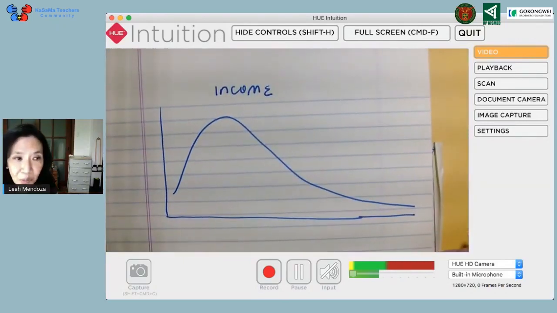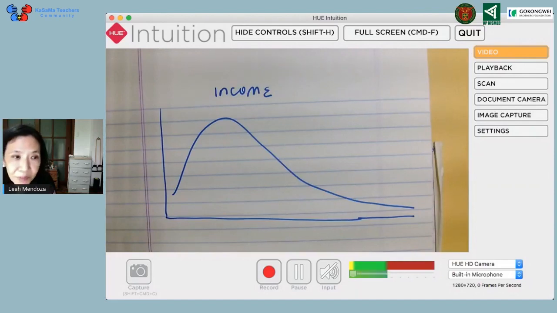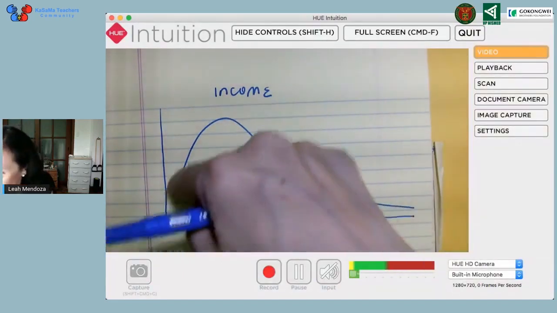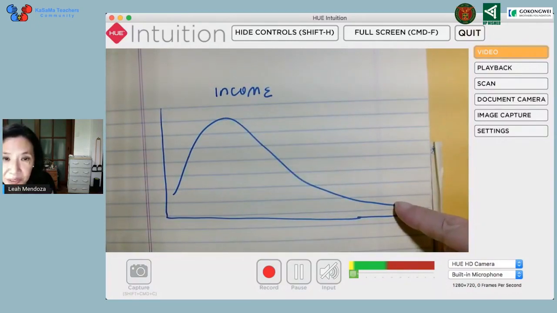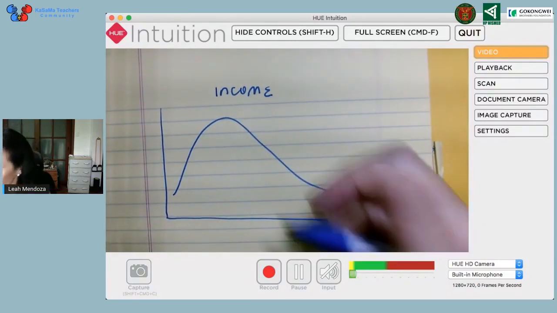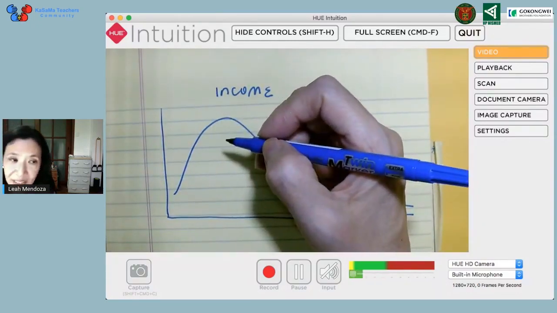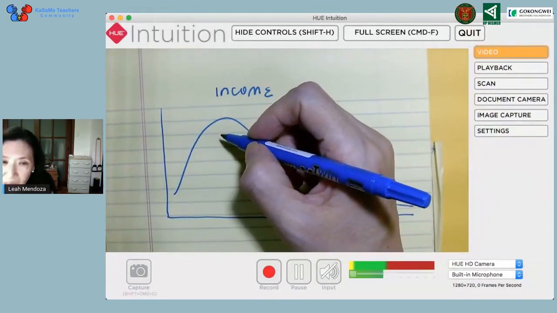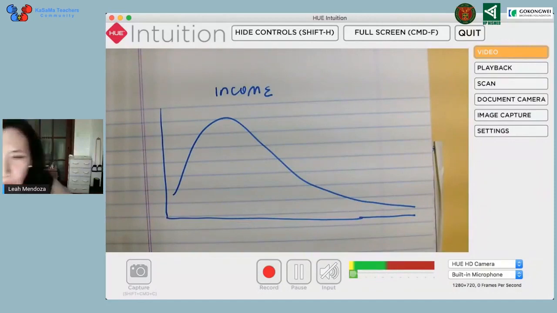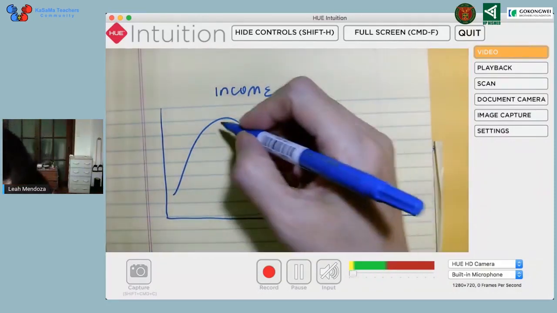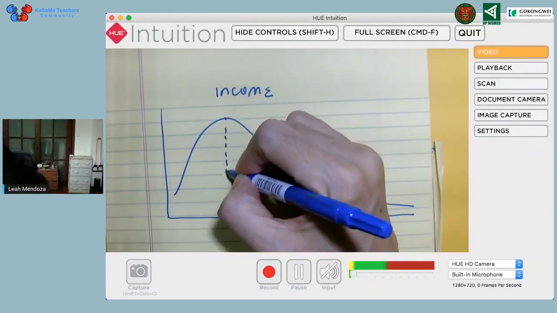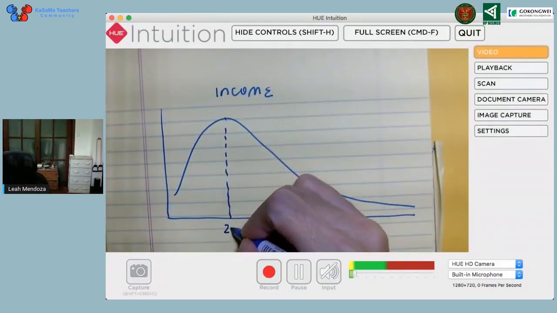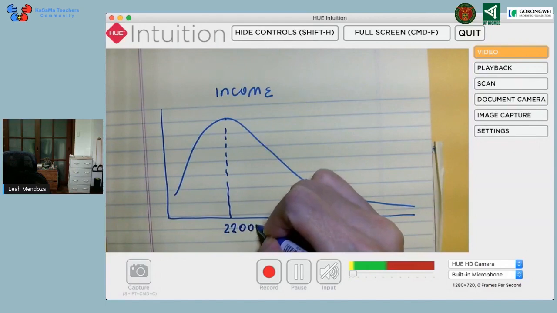And I mentioned a while ago that it is not only income of developing countries like ours, but even in the United States. This is how the income curve looks like. In our case, I checked 2016 data, although I don't know if that was the mean, the median, or the mode, but let's say it's the mode. And it was approximately 22,000.